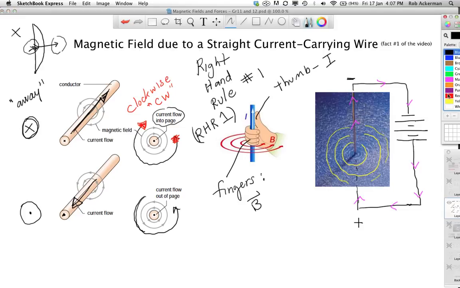This will be counterclockwise, or CCW. Okay? So that's right hand rule number 1. It gives you the magnetic field due to a current carrying wire, and now we know how to draw it if the wire is going straight up and down the computer screen or into and out of the computer screen. Okay, moving on.